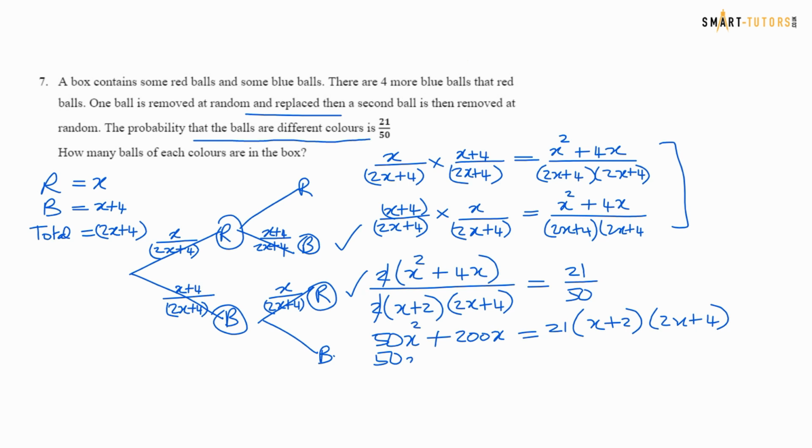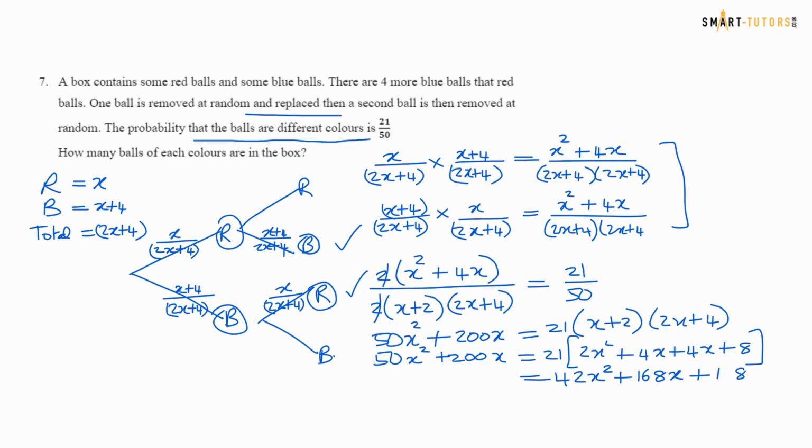So 50x squared plus 200x equal 21. x times 2x is 2x squared, x times 4 is 4x, plus 4x plus 8, and now multiply 42x squared plus 4x, 4x, 8x, 8 times 1 is 8, 8 times 2 is 16, 168x plus 21 times 8 is 168.